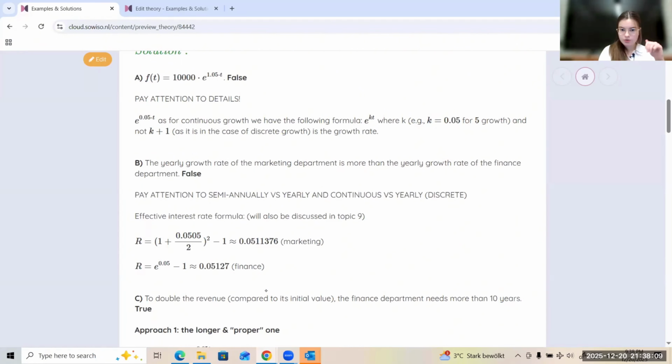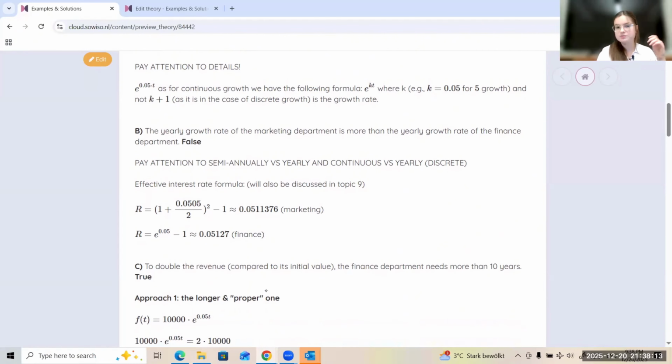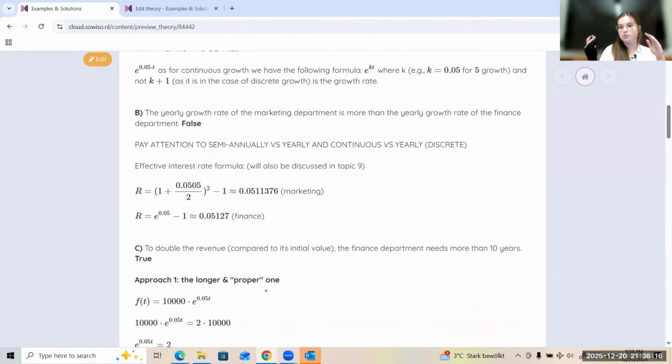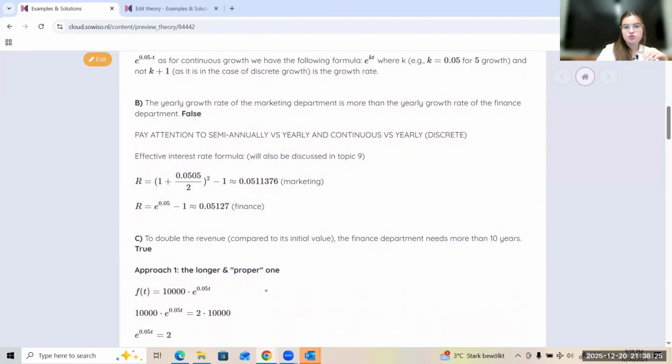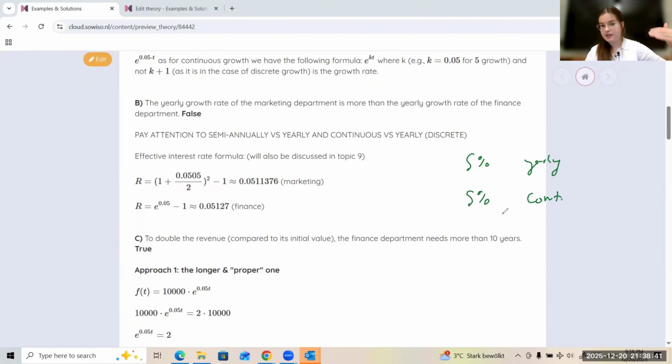You can look it up, and it's an economic concept that is used quite often when you try to compare different savings accounts and so on to see what's really better for you yearly wise. And usually the more often something compounds, the better it is for you, right? This is like a base rule. So let's say 5% yearly growth would be a bit lower compared to 5% of continuous growth, right? This would give you higher yearly returns as a result.